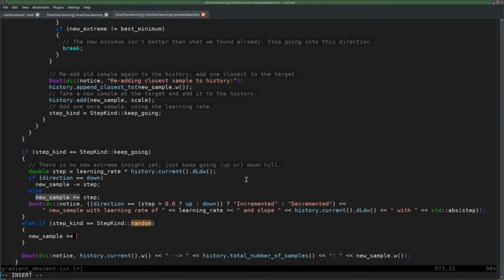I guess it doesn't really matter. It's random anyway. But if I make a super tiny step, then it's not working really.